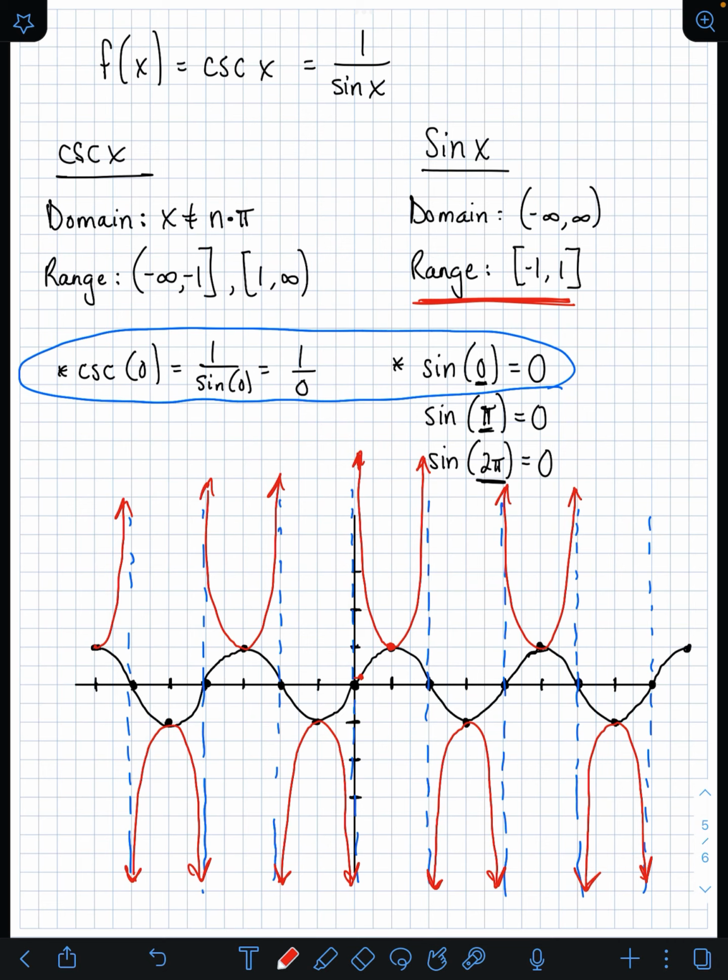That actually is the entire key there: whatever transformations are happening to sine, just graph that sine function with all of its transformations, and then do this to get cosecant. And when all is said and done, that's what your cosecant graph looks like. Vertical asymptotes, and in between, almost a parabolic shape, really.